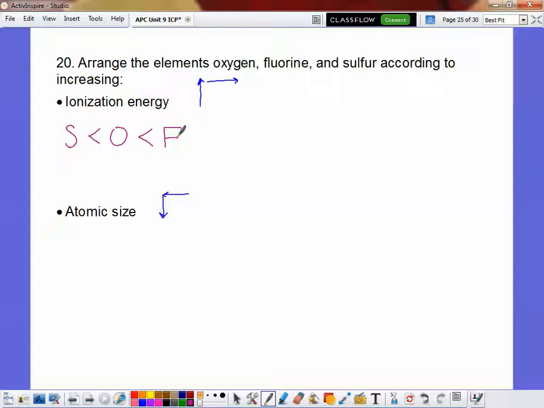And then atomic size, we're going increasing atomic size, so which of these atoms will be the smallest? Fluorine, then oxygen, then sulfur. See, the bigger the atom, the lower the ionization energy, and vice versa. Cool? On the back, number 21.